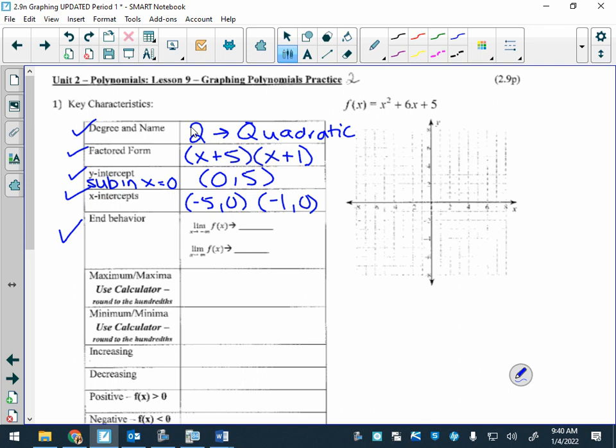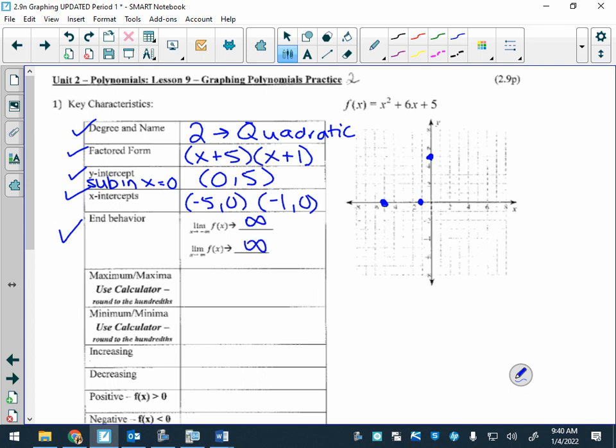So those 3 points, this graph is not great. -1, and then 0, 5. Okay. So knowing that it's a quadratic, which is an even degree, with a positive leading coefficient, what is my end behavior? Yep.